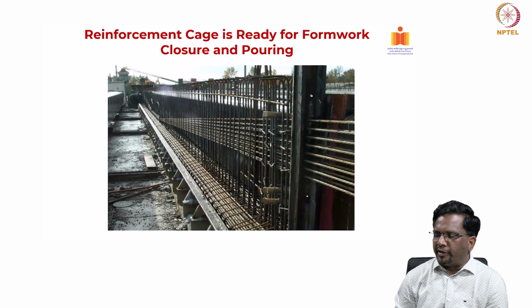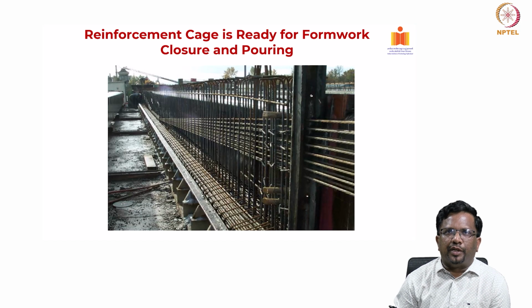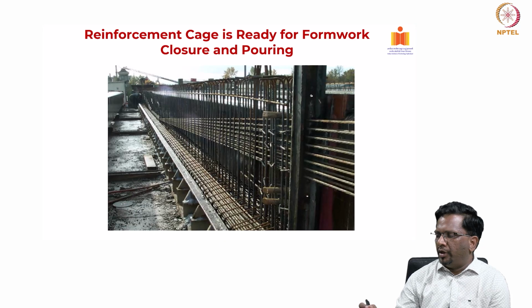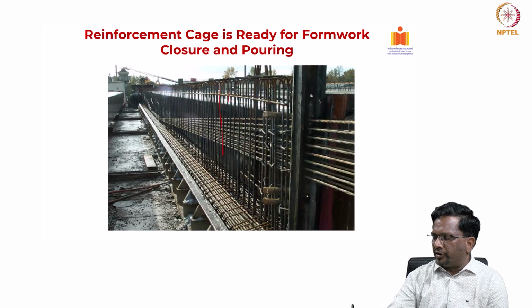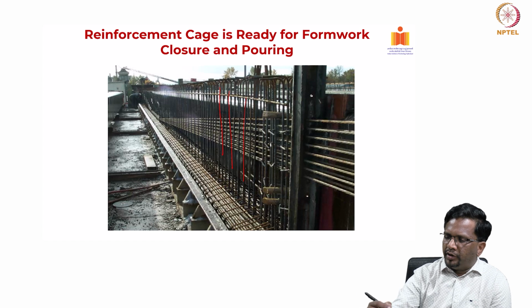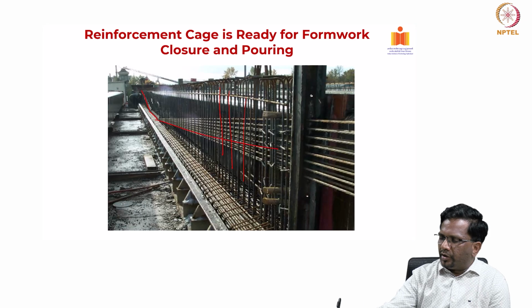Okay, this is an example of a pre-tensioned beam cage reinforcement. You see plenty of reinforcement here, all these vertical stirrups, and you also see a pre-stress cable going straight, and then coming like this, right?